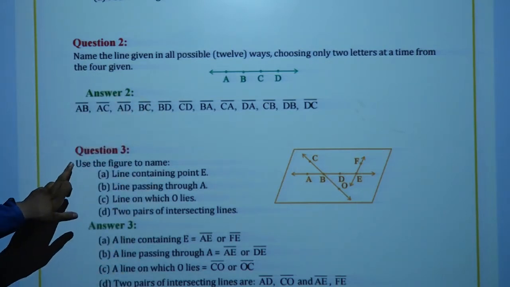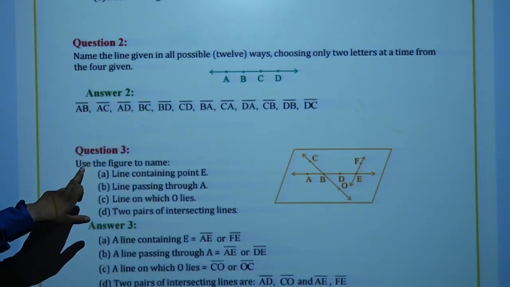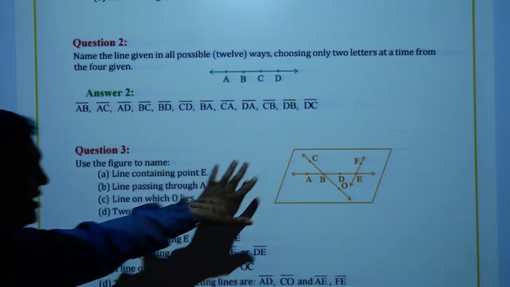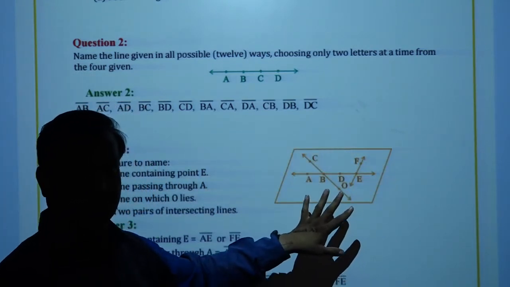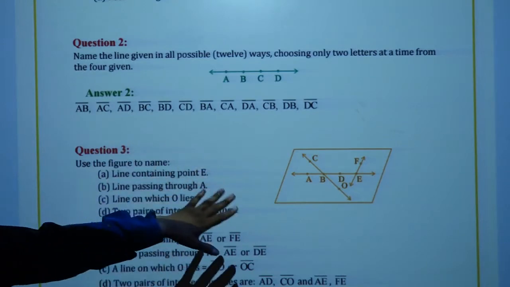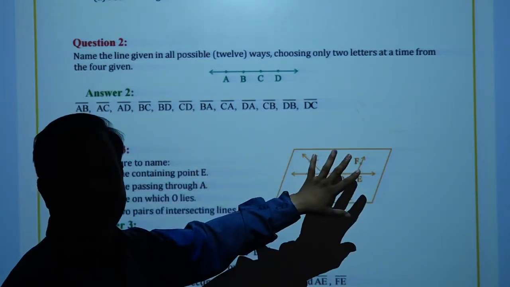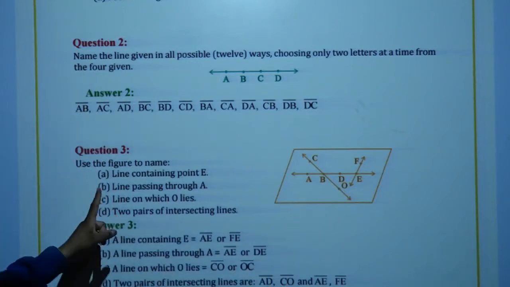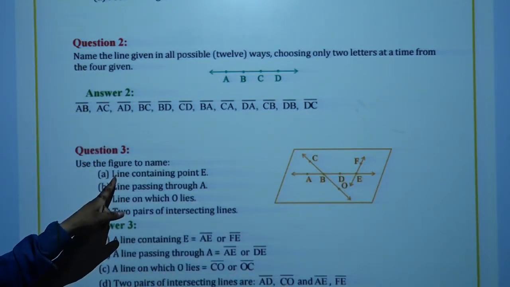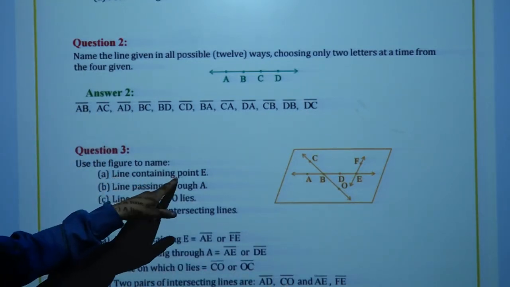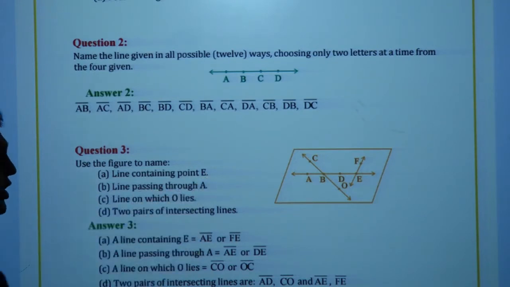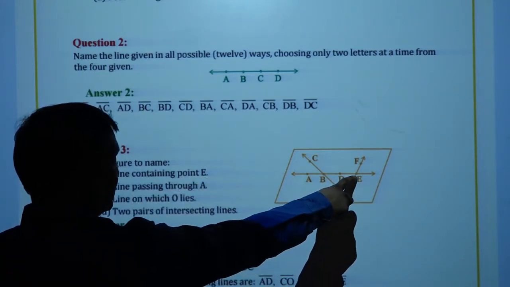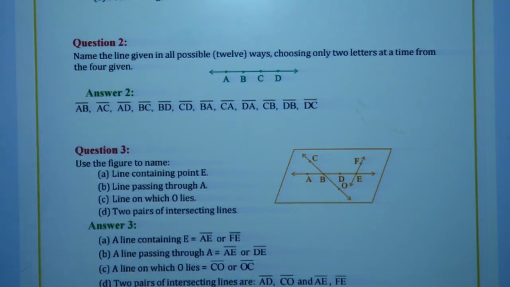Next question. The next question is, use the figure to name. Here one plane figure is given. In this figure some lines and points are given. Now what do we have to find? First, find the lines containing point E. If you see, here is E. So which lines contain point E?